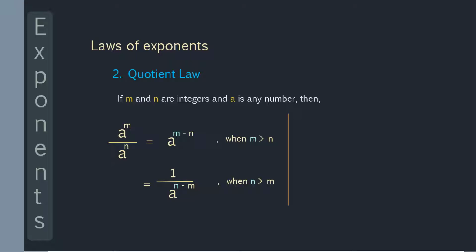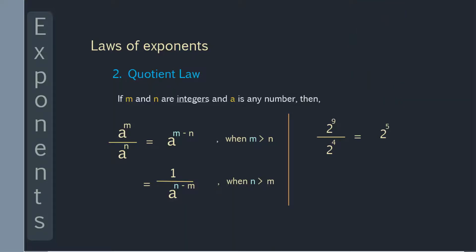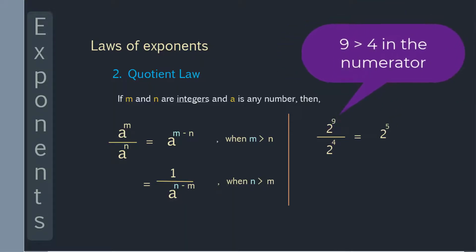For example, 2 raised to 9 divided by 2 raised to 4 is equal to 2 raised to 5. And this is an example when the power in the numerator is greater than the power in the denominator.